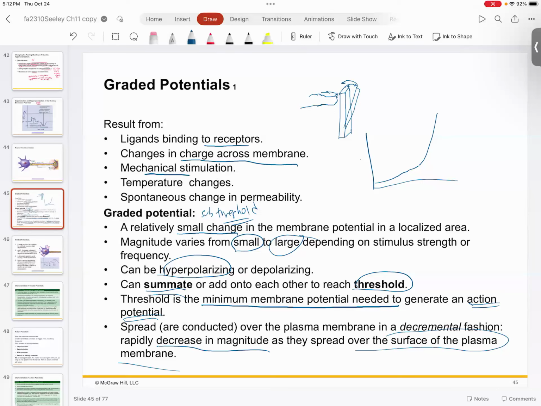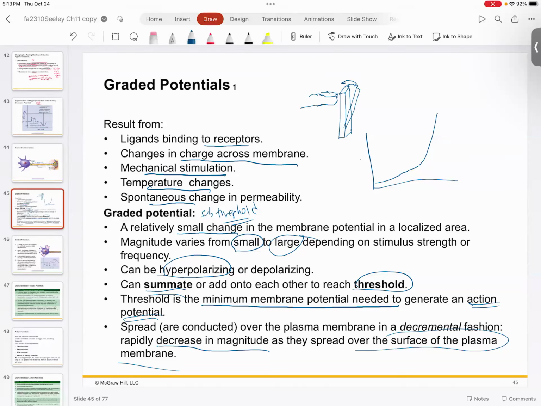If you have mechanical stimulation or those physically distortable types of systems, those can create graded potentials as well. If you have temperature triggered types of situations, those can create graded potentials as well. And of course, you have spontaneous changes like random twitch and things of that nature.